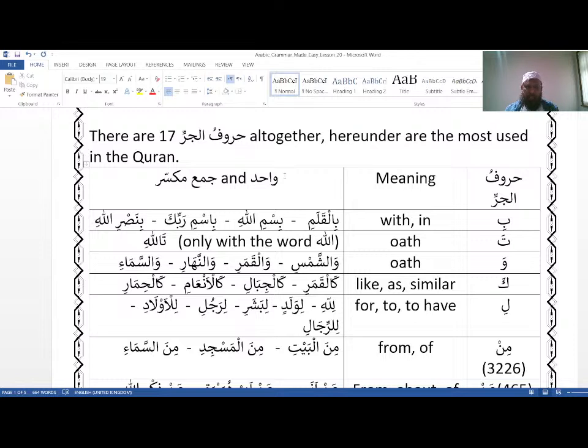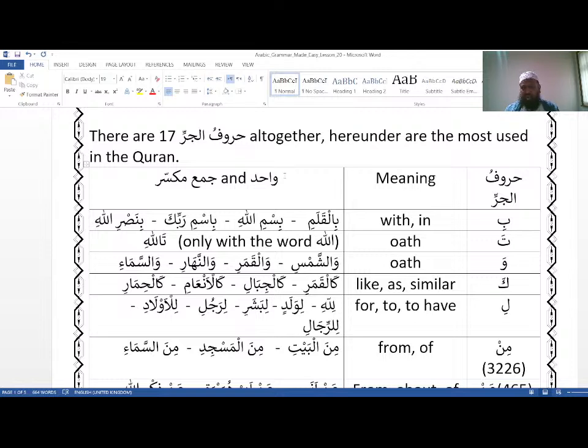Bismi: ism, with ba the harful jar, mi is the jar with the kasra, and this becomes mudaf, lafz Allah, mudaf ilayh. Bismillahi, in the name of Allah. Bismi rabbika, bi nasrillahi. All these are mudaf and mudaf ilayh constructions.